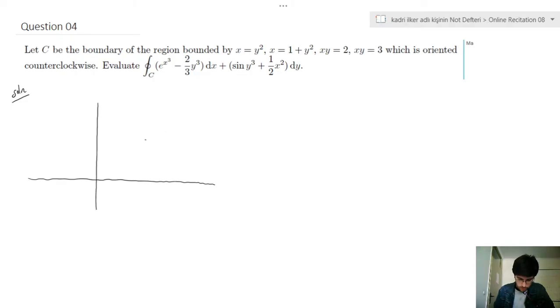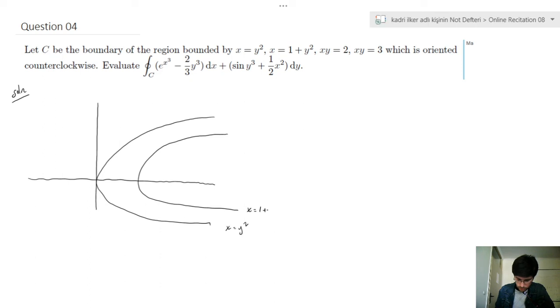This is exactly x equals y squared, and this is x equals 1 plus y squared. And what else? We have this, and I guess that.